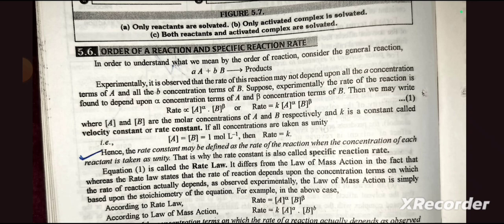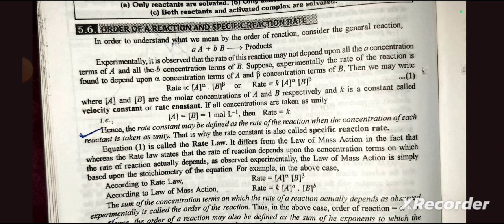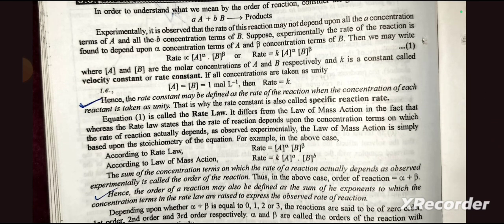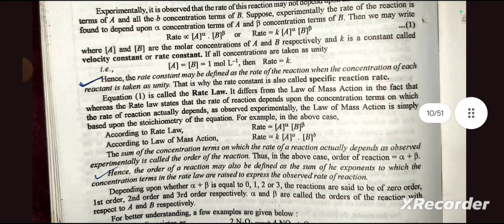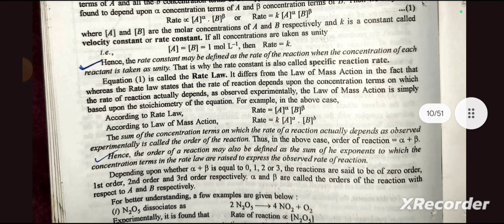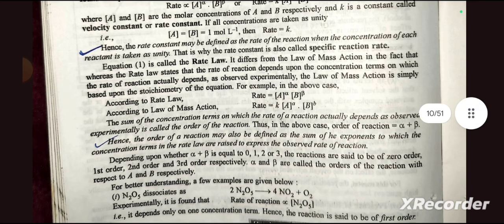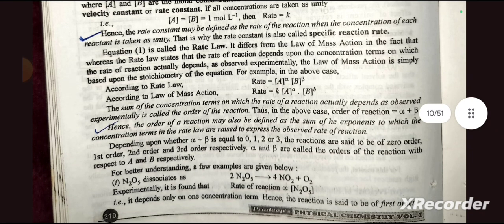Experimentally, it is observed that the rate of this reaction may not depend upon all the concentration terms of A and all the concentration terms of B. Suppose experimentally the rate of reaction is found to be directly proportional to the alpha power of the concentration of A and the beta power of the concentration of B. Then we may write rate is directly proportional to [A] power alpha [B] power beta, or rate is equal to k [A]^alpha [B]^beta, equation 1, where [A] and [B] are the molar concentrations of A and B respectively, and k is a constant called the velocity constant or rate constant, if all the concentrations are taken as unity.